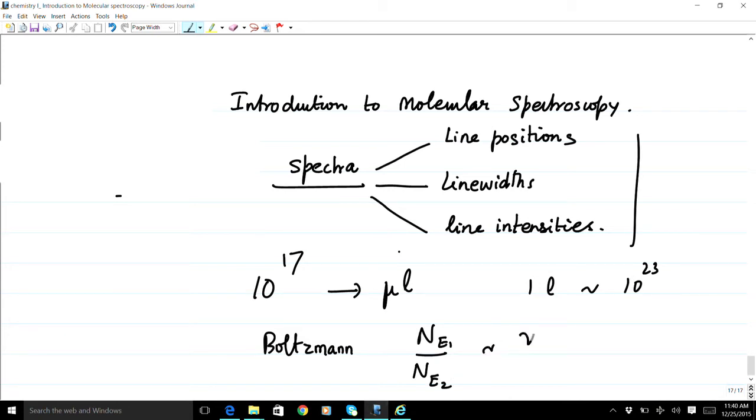the degeneracy corresponding to that E1 times exponential minus E1 by kT, if this is molecular energy, divided by the degeneracy of E2, exponential minus E2 by kT. K is the Boltzmann constant and T is the temperature.